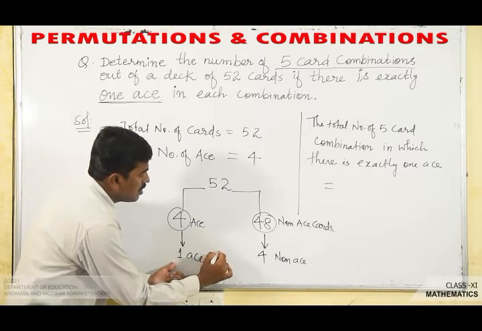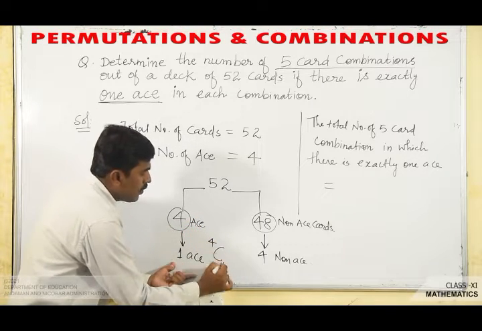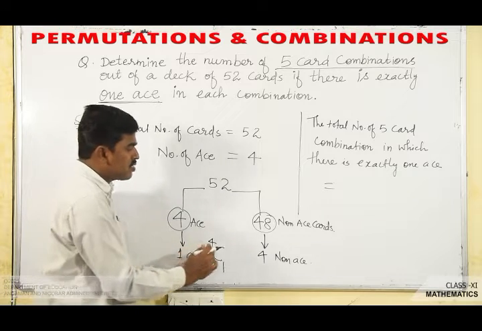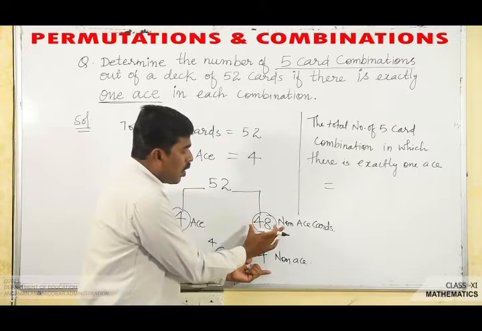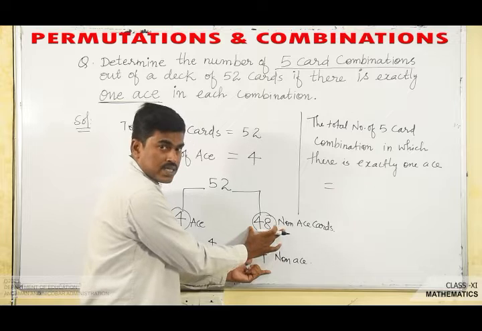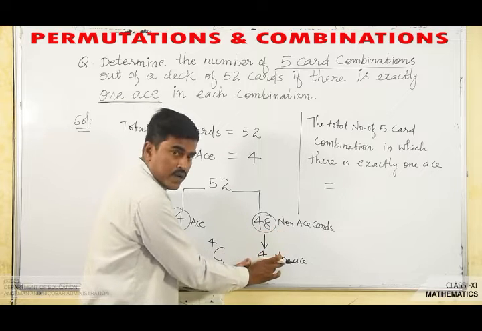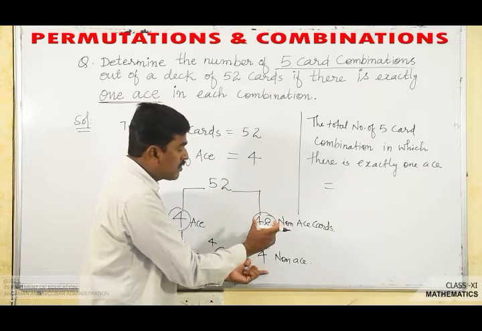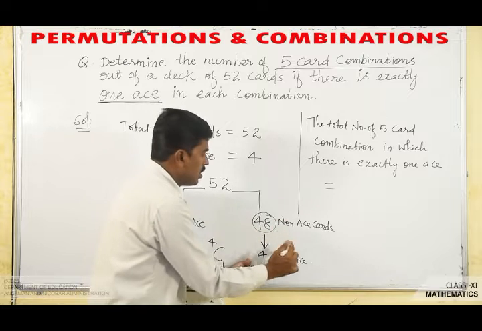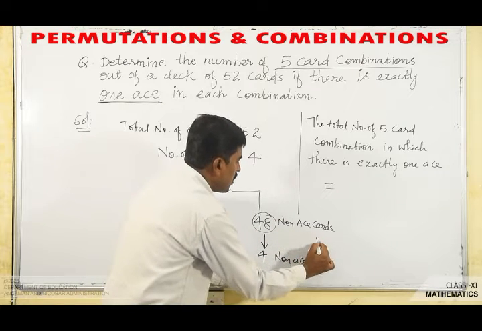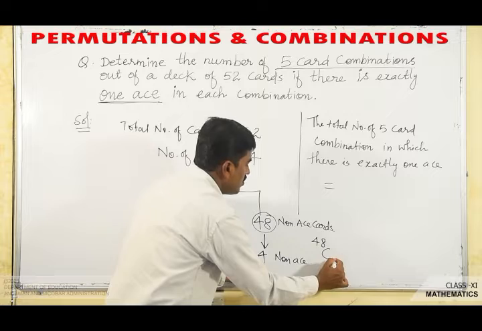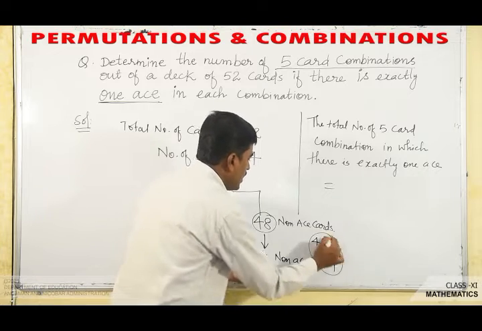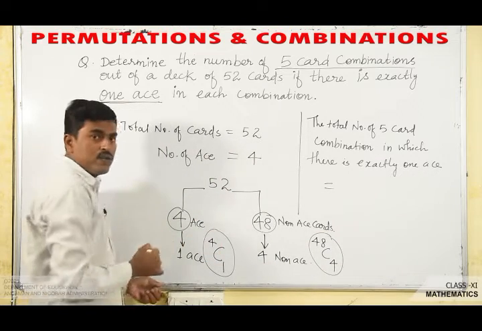It can be done in 4C1 ways, and now out of these 48 non-ace cards we have to select the remaining 4 cards. So this can be done in 48C4 ways, and the ace can be selected in 4C1 ways.